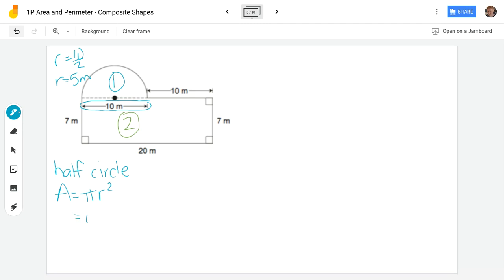So the area is pi times 5 squared. Pi times 25 is about 78.54, so I'm going to round the 4 and that would be meters squared.